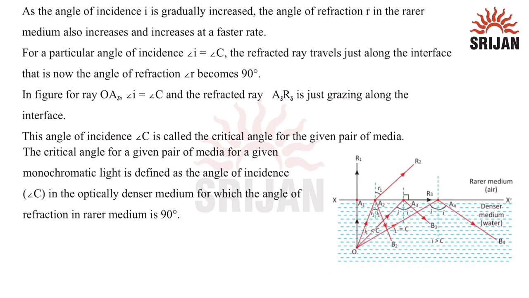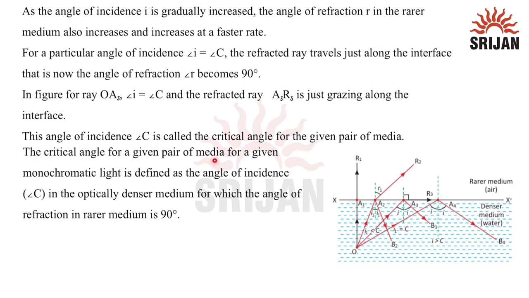You can see at the critical angle that the refracted ray is just grazing along the interface and the angle of refraction is 90 degrees. As you can see, A3R3 is just grazing along the interface. Now, this angle of incidence, that is angle C, is what we call the critical angle for a given pair of media.